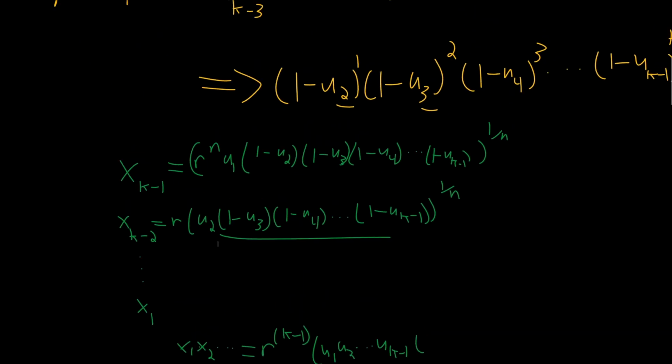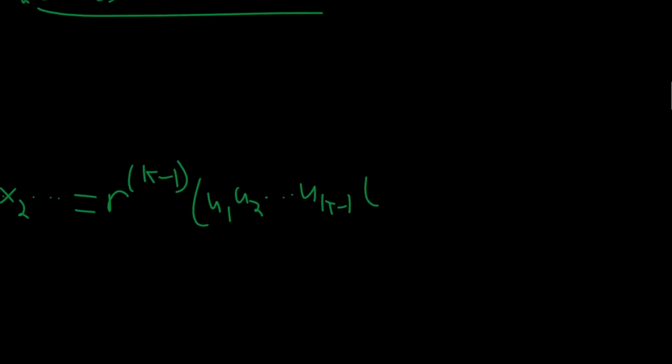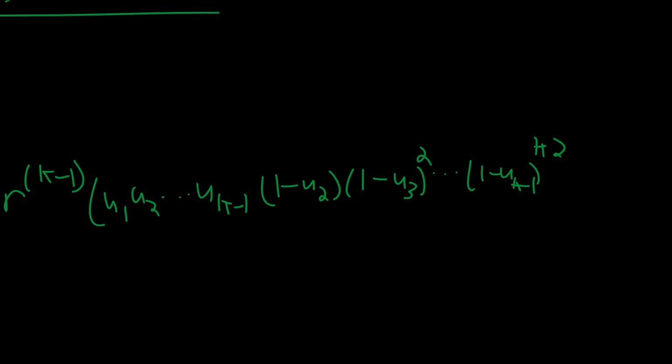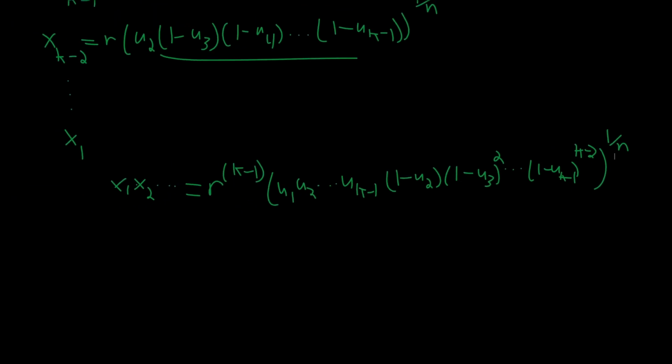It's going to be very similar to this right here, where it's going to be 1 minus u2 to the 1 times, I'll be frank, it's going to be that right there. So we have 1 minus u2, 1 minus u3 squared, ... 1 minus u_{k-1} to the k minus 2. And this is all to the 1 over n power, except for the r, of course.